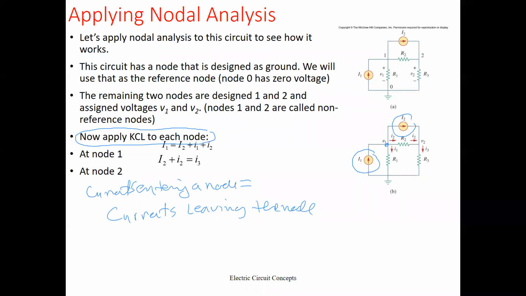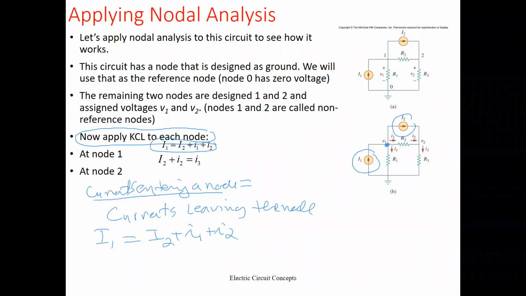Now if you look at the node V1, I1 is entering the node, and then we have I2 and I1 lowercase leaving the node. So the left hand side will be I1, the current entering the node, equal to I2 plus I1 lowercase, which is the same as this equation.